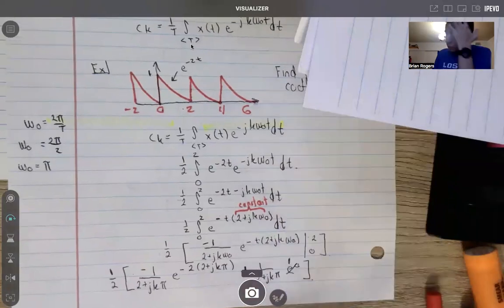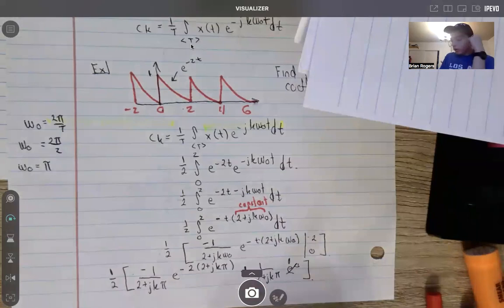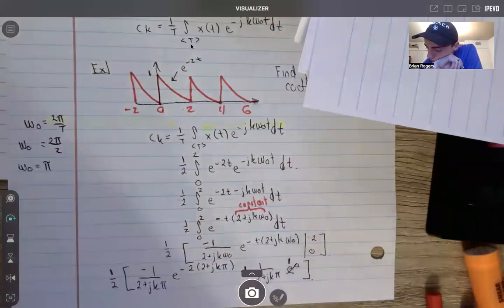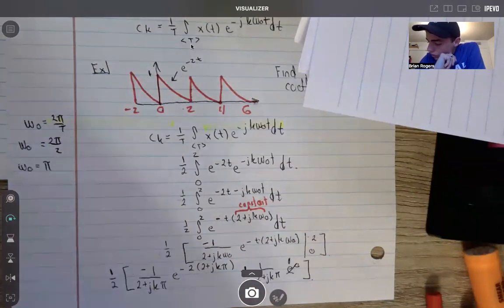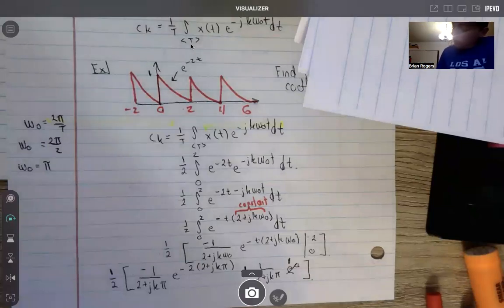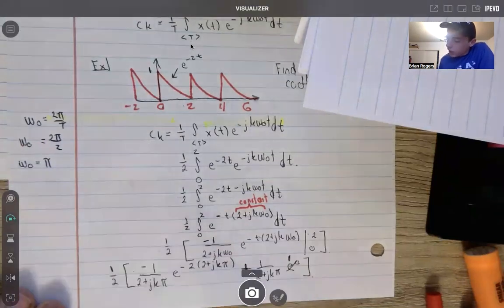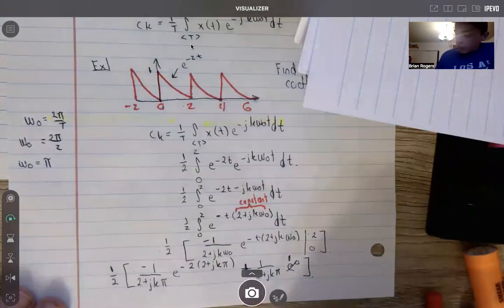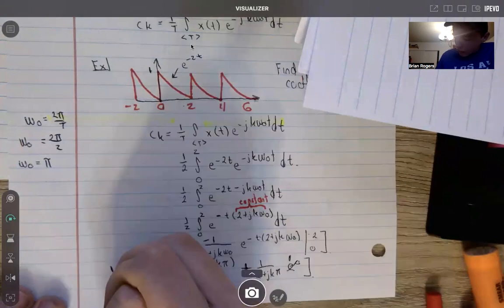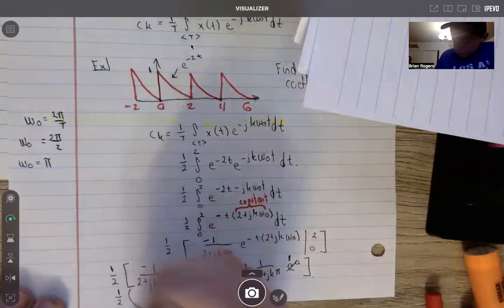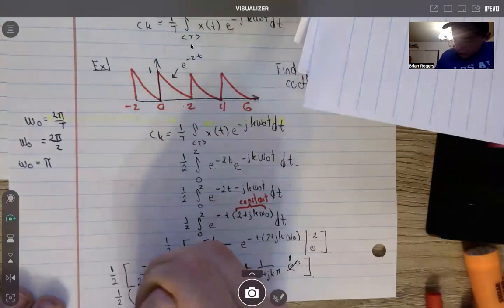And so what we're going to see is, if I multiply this through, let's see, what would I do? Minus plus 1. This term is common to both, right? So take out the 1 over 2, multiplied by 1 over 2 plus jk pi.